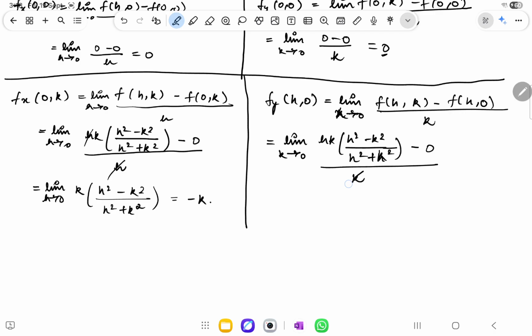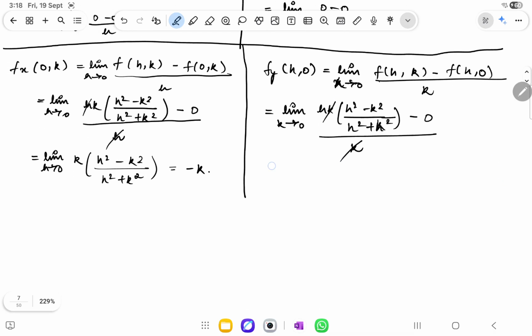This k will balance out, so we'll be left with the limit as k approaches 0 of h(h² − k²) divided by (h² + k²). If we take k approaches 0, this limit will be equal to h.